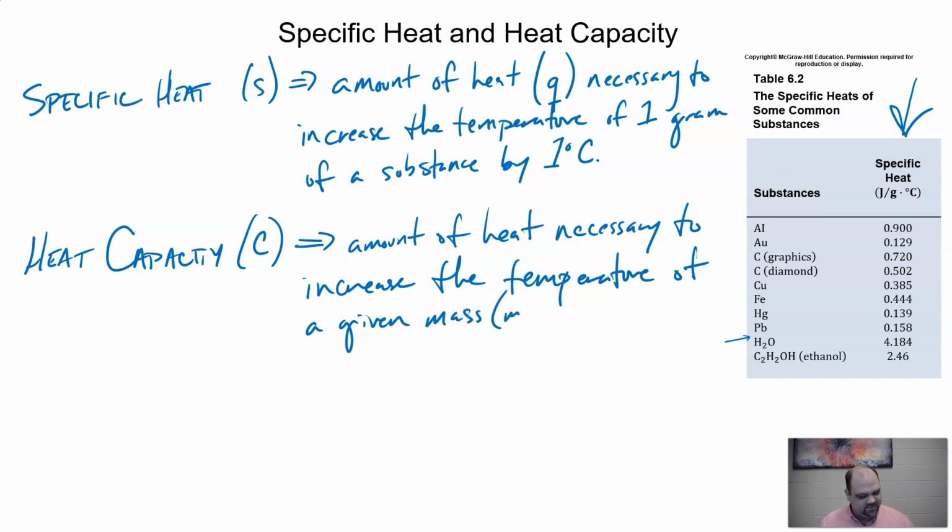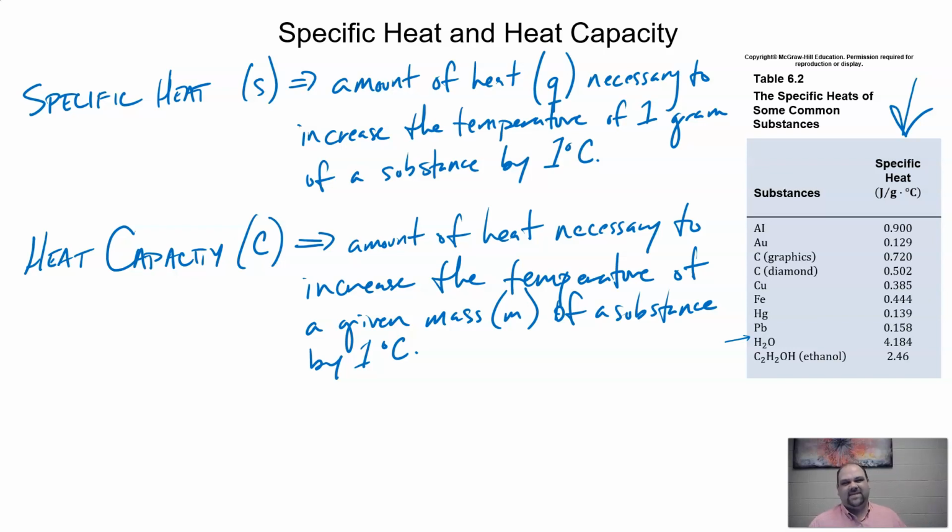We'll use M for that, of a substance by 1 degree C. This isn't that different. Instead of 1 gram, it's however many grams we have, right? And so they're not that different, but they are related.